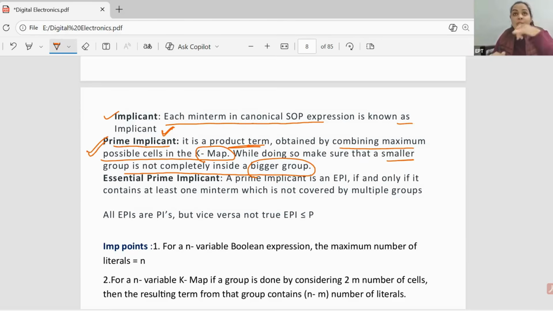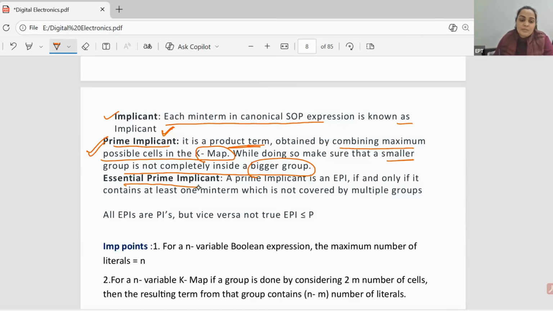One more thing: the boolean expression that you get from the K-map is not necessarily the only expression. You can have more than one expression when solving your problem using the K-map, but the expression is going to be in its simplified form.